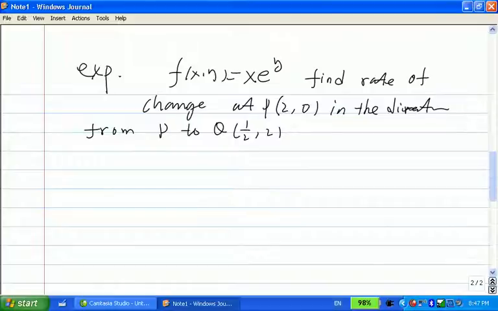This is question A. We want to find the rate of change, in other words, the directional derivative, at a point P in the direction of PQ. And part B, we want to find the maximum of the directional derivative, and also in which direction the maximum is reached.